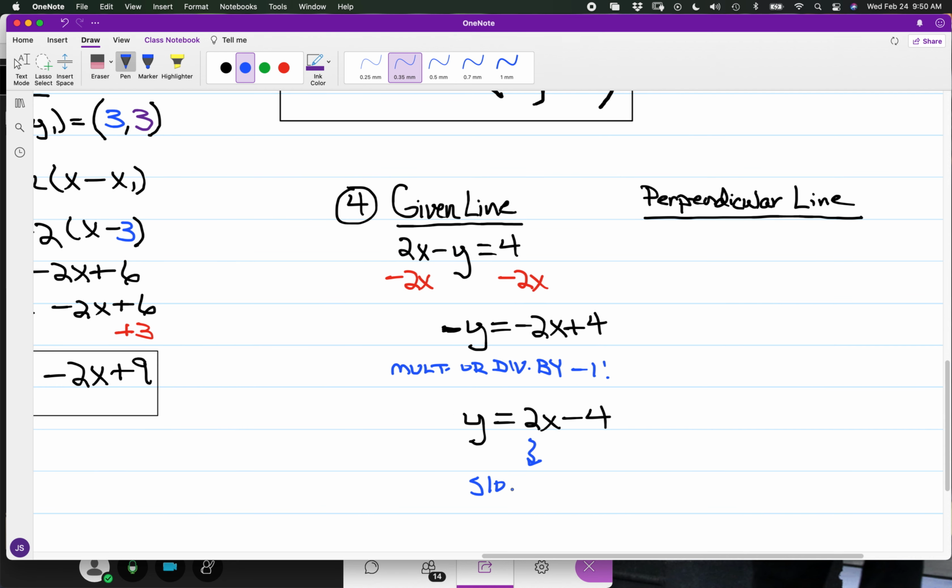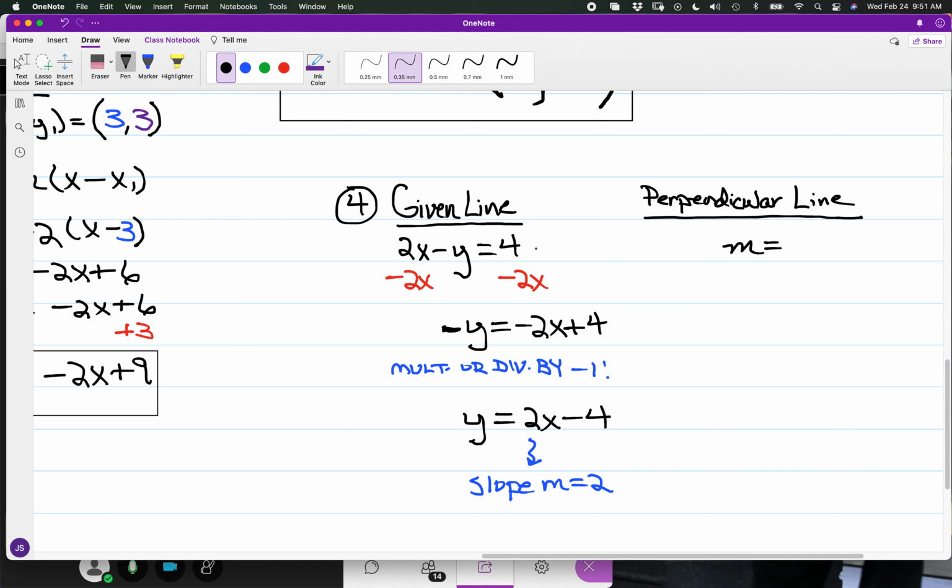So we have that the slope m is equal to 2. Now, for the perpendicular line, remember, the slope values of lines that run perpendicular to each other have an opposite sign reciprocal relation.